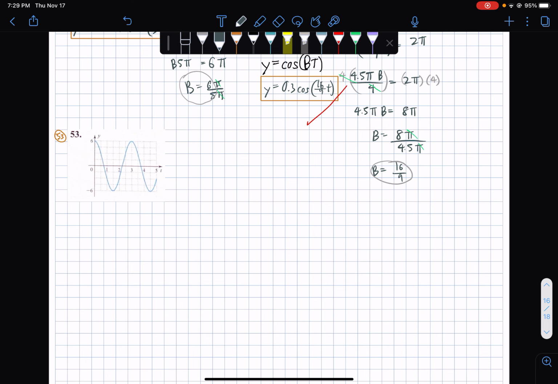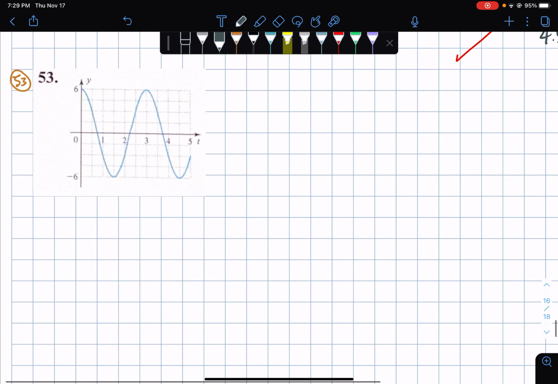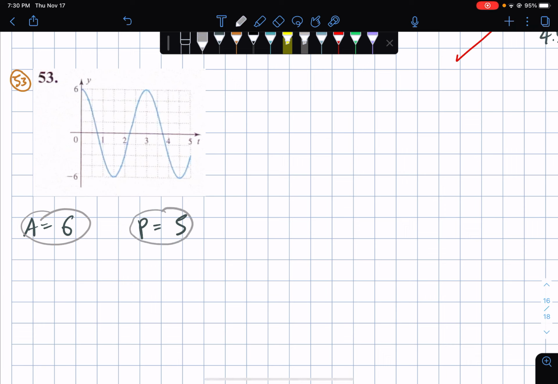Okay, this is one last. I cannot assure a correct answer here, but I'll still give it a try. I'm already pushing my limits. So amplitude is 6. We don't know B yet, but we know that the period is 5.